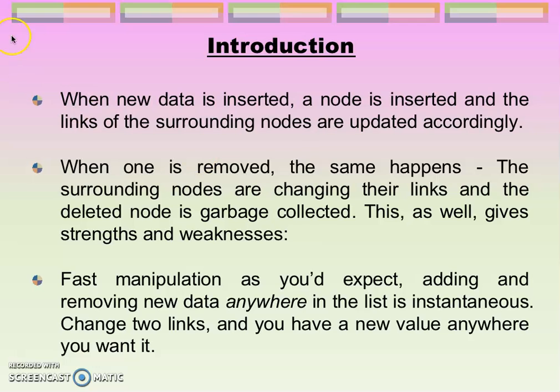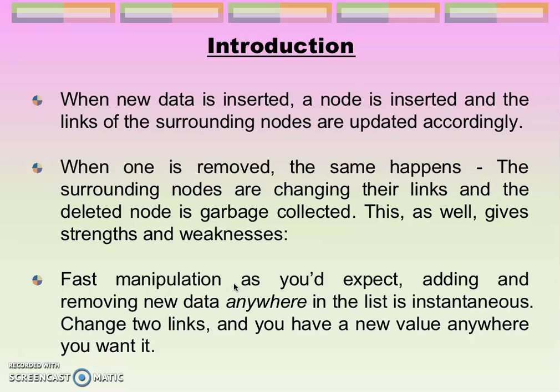So this as well is a key strength and also a weakness. One of the strengths is fast manipulation. Adding and removing data anywhere in the list is instantaneous. Change the link and you have a new value anywhere that you want it.